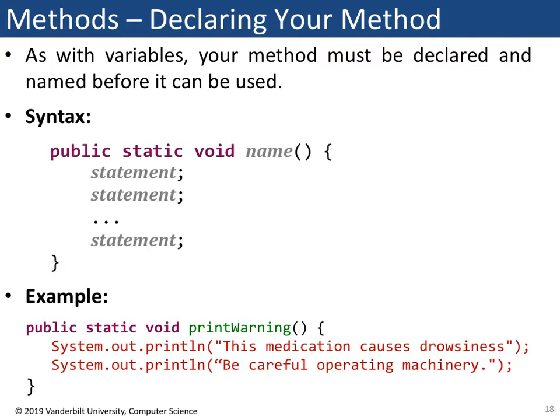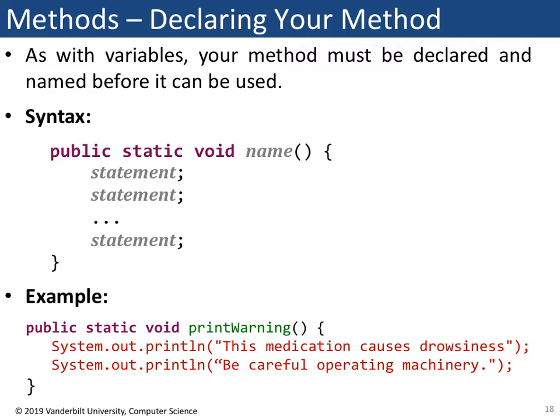Before we can make use of methods, we need to discuss the syntax necessary to declare a method. So we have to declare variables before they're able to be used for storage, and similarly we have to declare a method before we're able to make use of it as well.